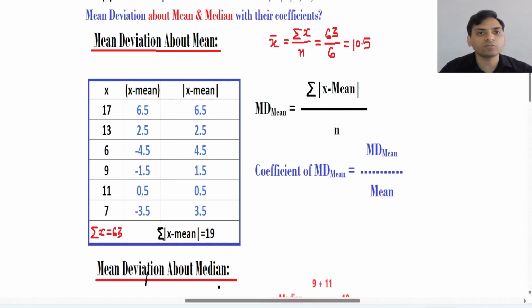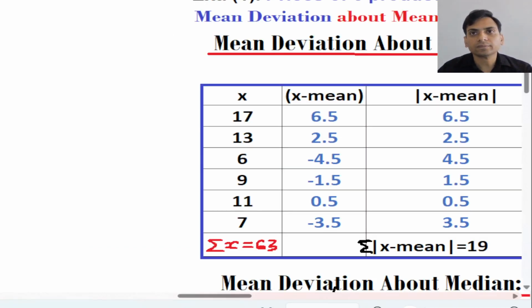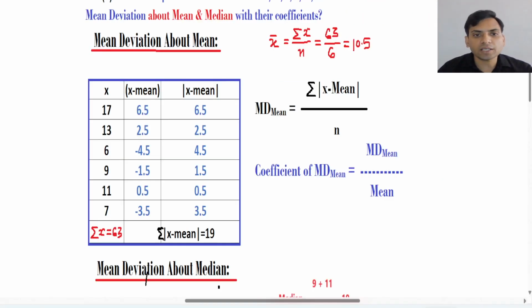From 13 we subtract 10.5 and get 2.5. Now we take the modulus, converting all negative and positive values into modulus values. All these modulus values are positive, then we find the summation, which is known as the sum of deviation.